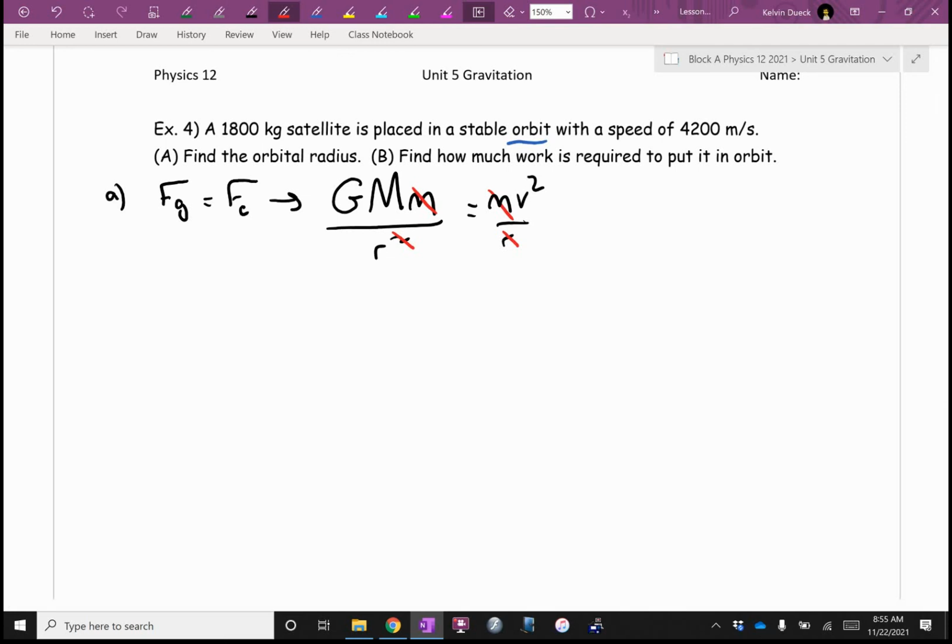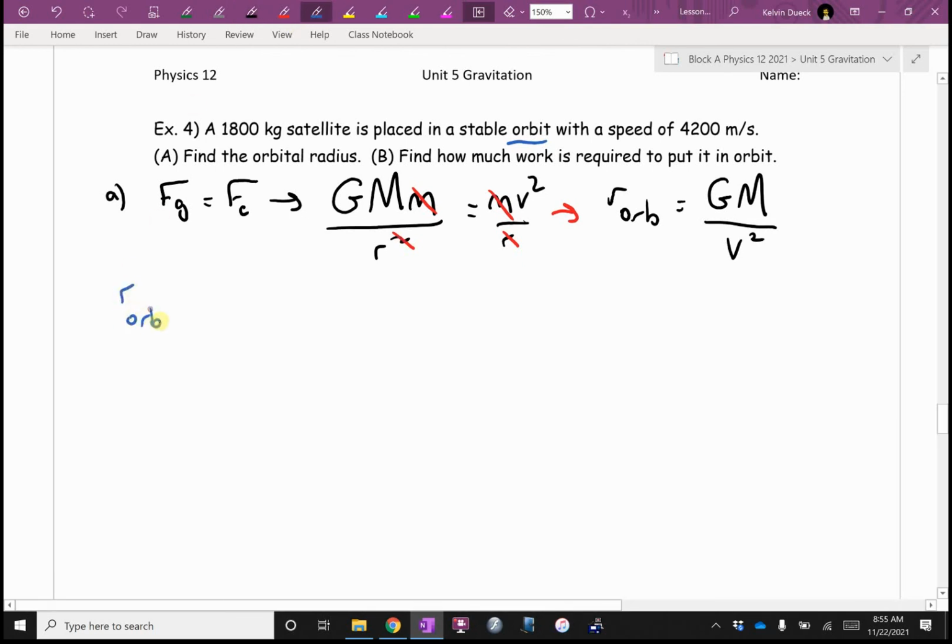Where's the R right now? I'm going to multiply it there and divide by v squared. I think we'll get this. The orbital radius is big G, big M over v squared. Is that correct, folks? Do I need to square root? No square root this time.